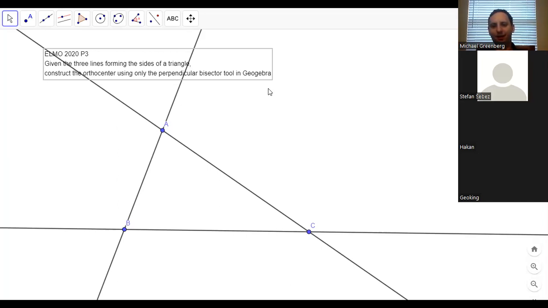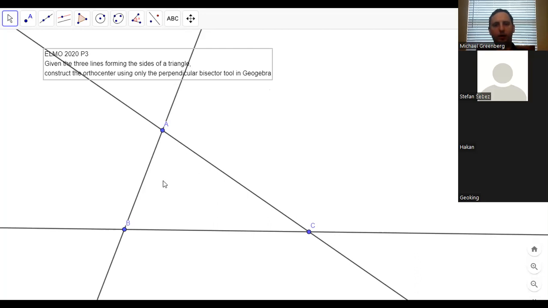Yeah. But I don't think we can just reflect some point using this tool. Exactly. Yeah, so that's close, but yeah, we can't reflect it. That's the tricky thing. How do we draw midlines?